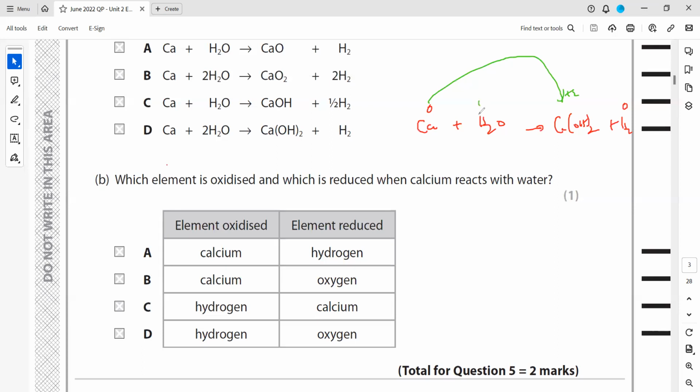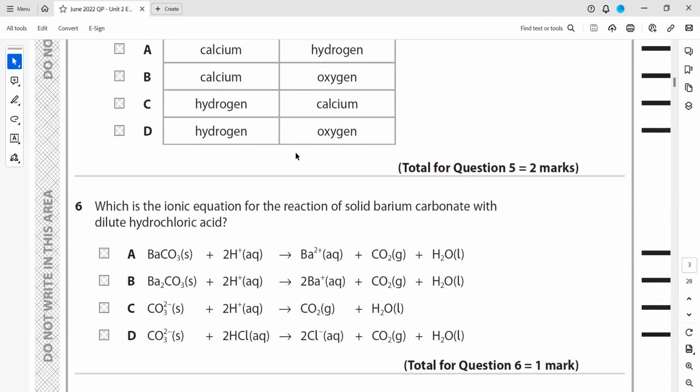And each hydrogen in water is +1. So +1 turned to 0, so hydrogen is reduced. That's why A will be the right answer. You can also understand it in terms of oxygen: oxygen is removed from the hydrogen, so hydrogen can also be said to be reduced.